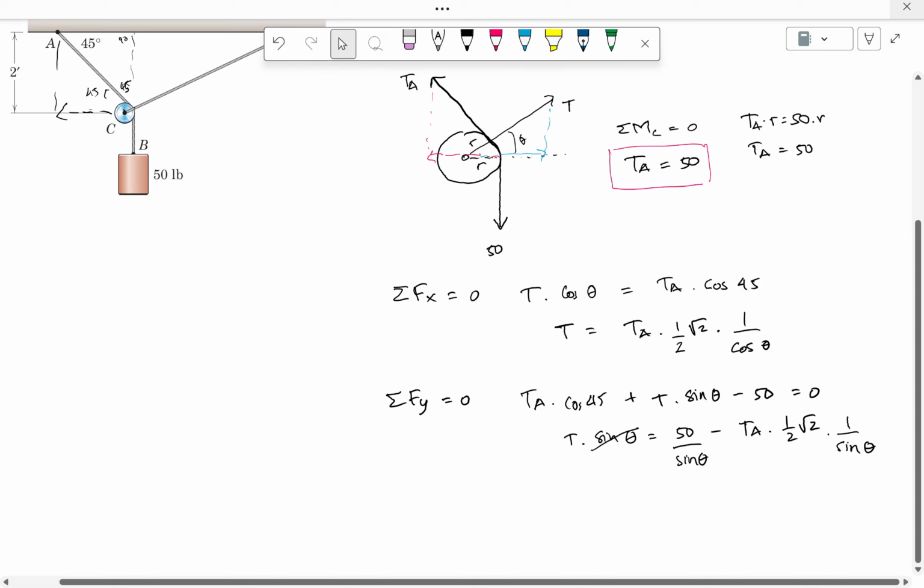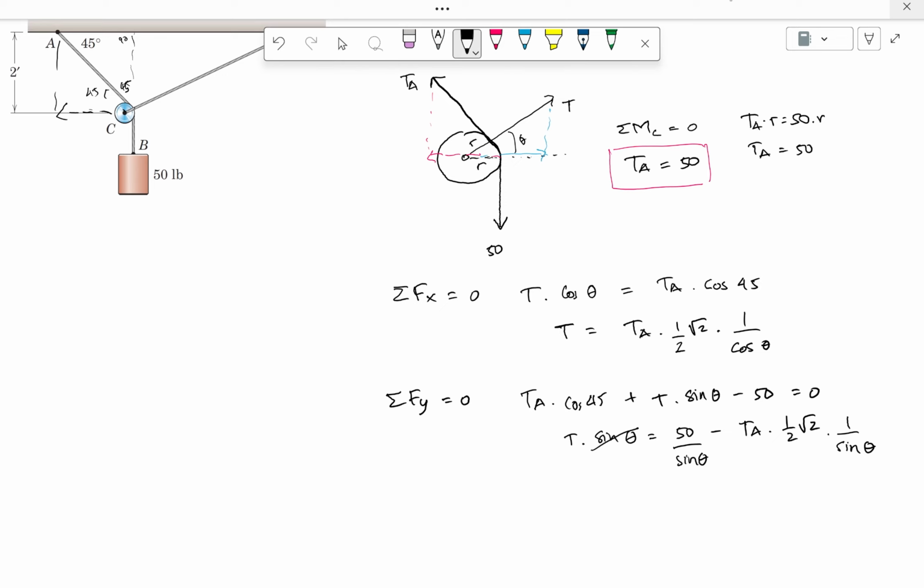And then if I equate those two equations, because T should be equal to T, then 50 divided by sine theta minus TA over sine theta times half square root of 2 should be equal to TA over cos theta times half square root of 2.